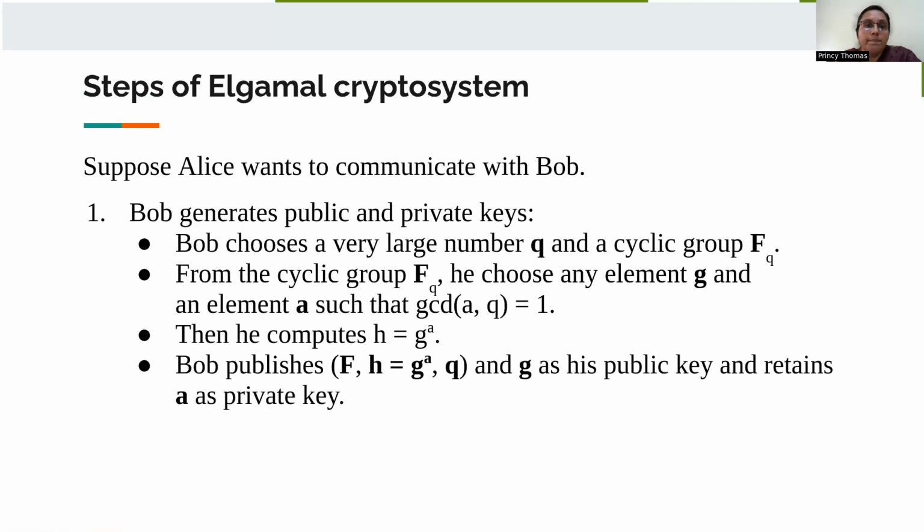Okay, so the first step is Bob generates his public and private keys. And the steps for generating the public and private keys are shown below.